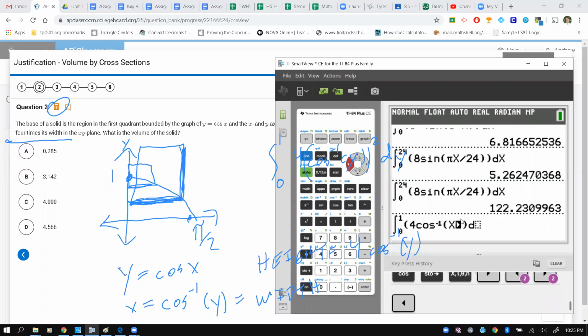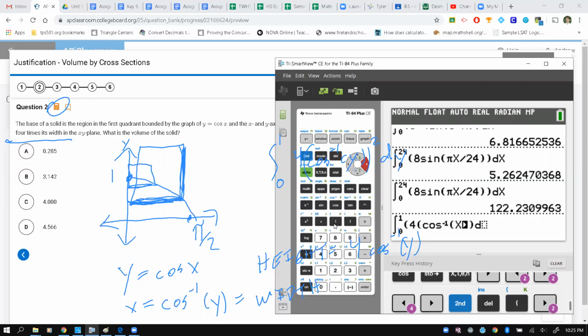I want to go in between the parentheses. Maybe I'll insert another set of parentheses. Okay, there we go. Squared.